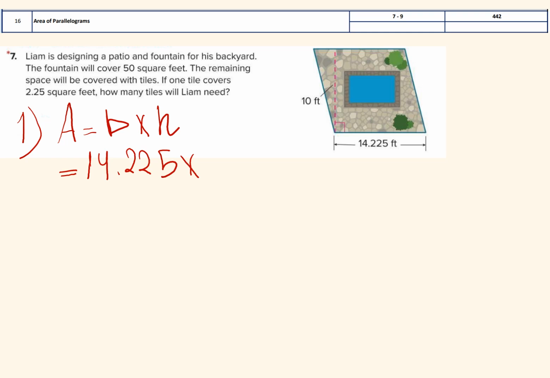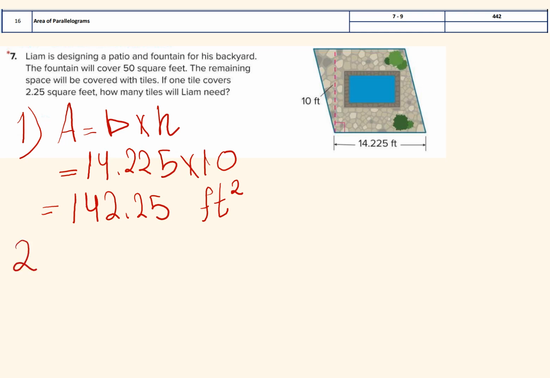The height is given in the question, which is 10. So all I need to do is move the decimal point one digit to the right. So I'm going to get 142.25 squared feet. It's very important here to show squared units when finding the area.